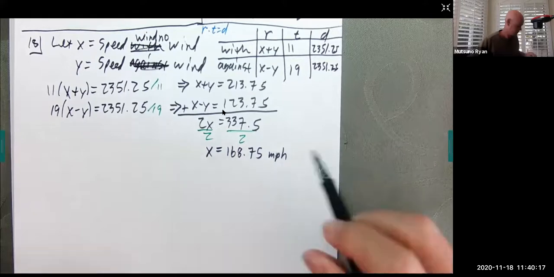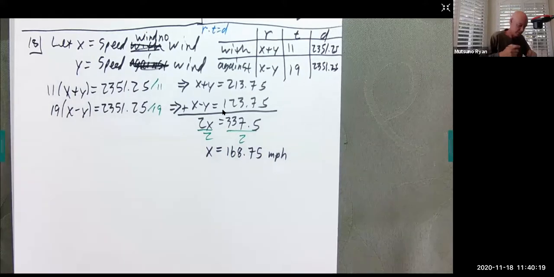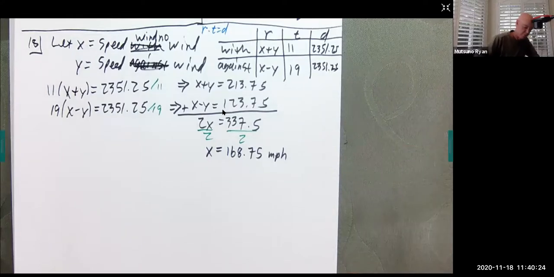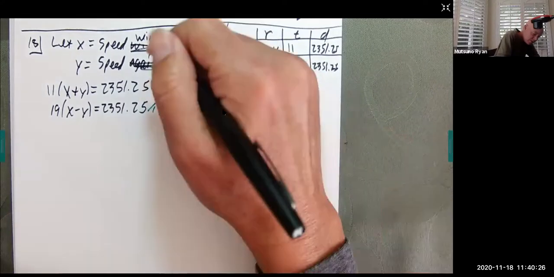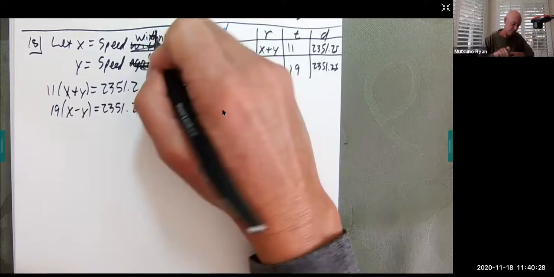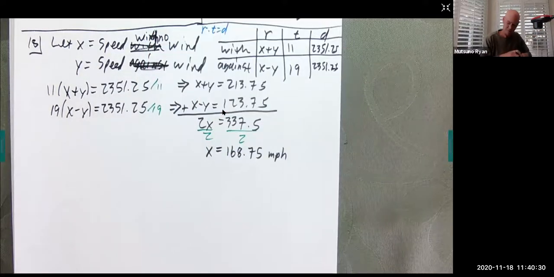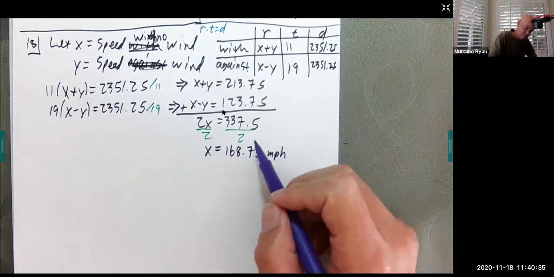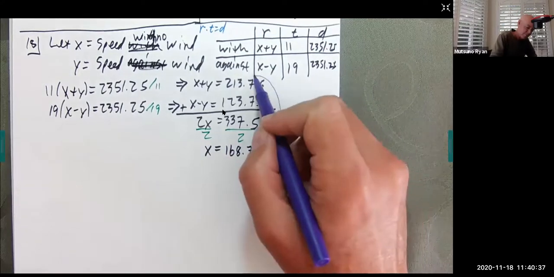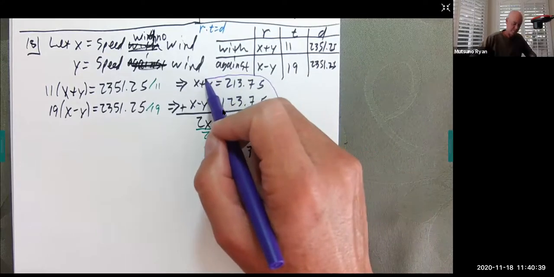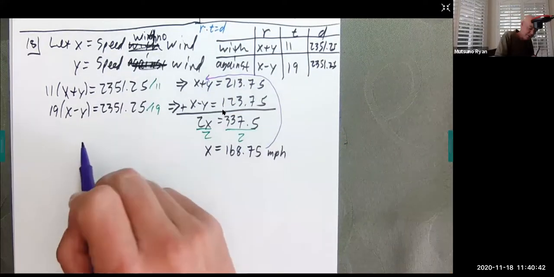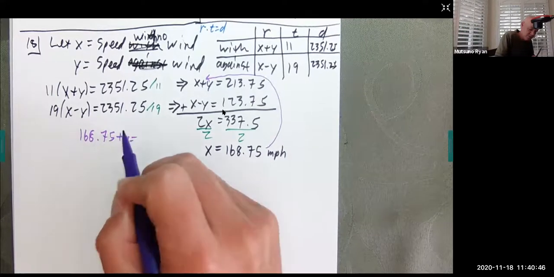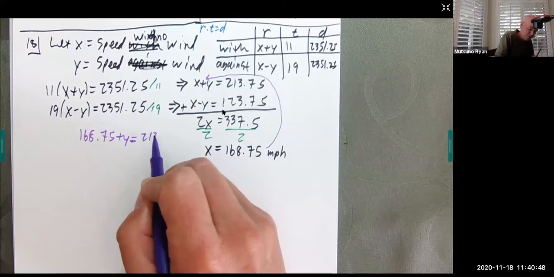So I'm now going to take this and plug it in here. That's going to give me 168.75 plus y equals 213.75.